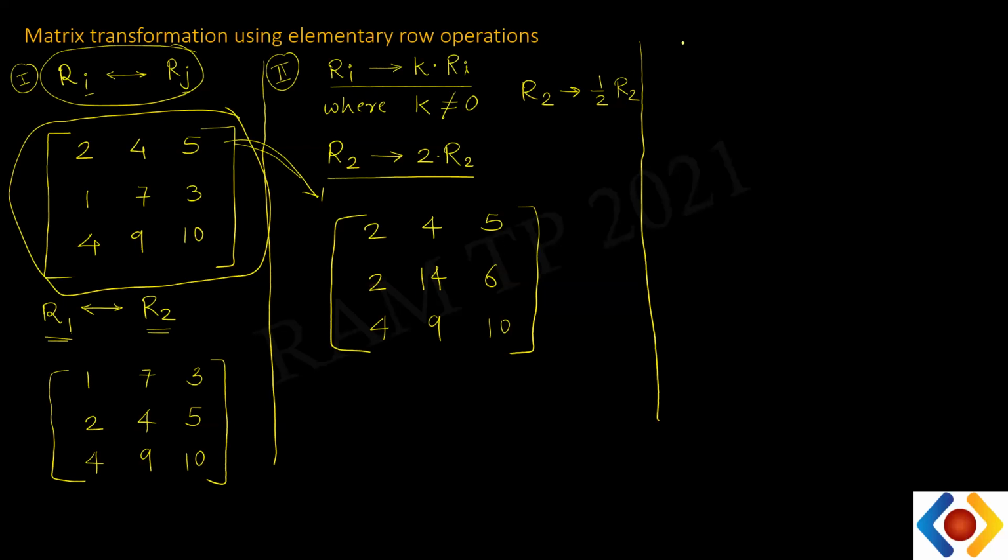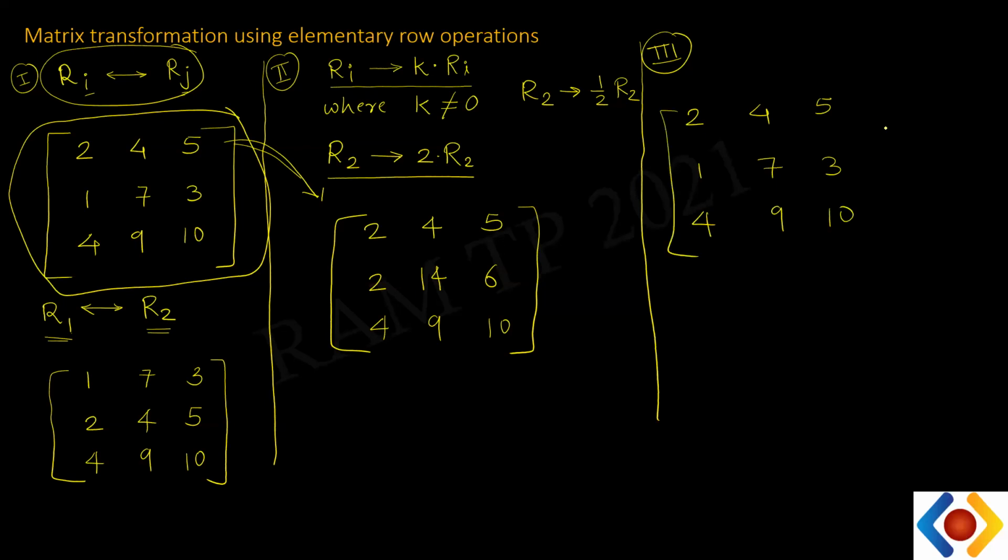Now the third transformation. One minute. Let me write down this matrix again so that there is no confusion: 2, 4, 5, 1, 7, 3, 4, 9, 10.